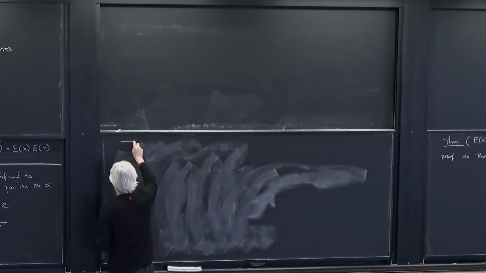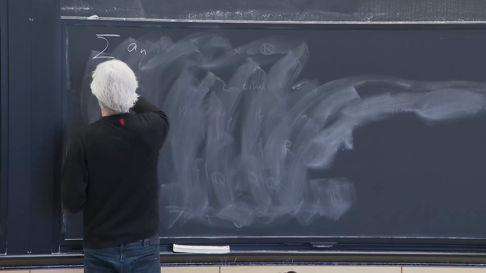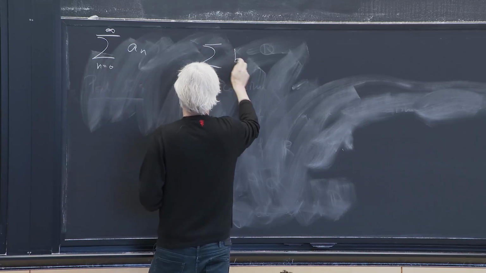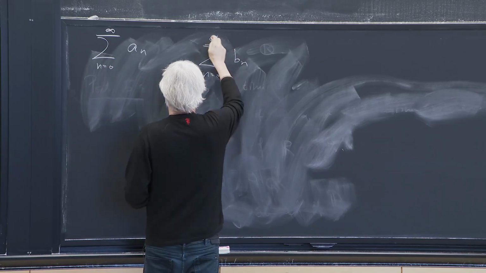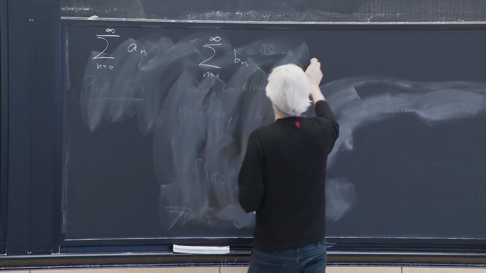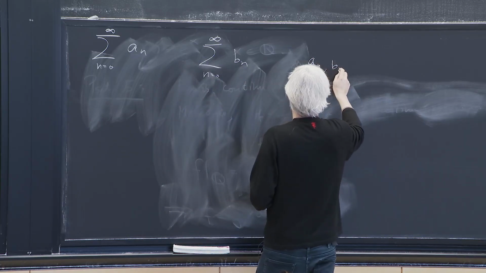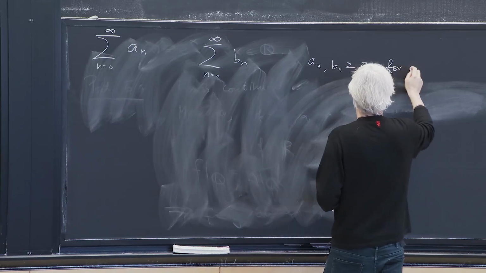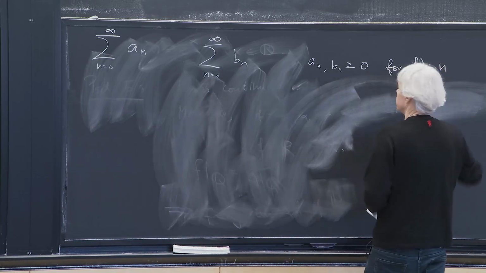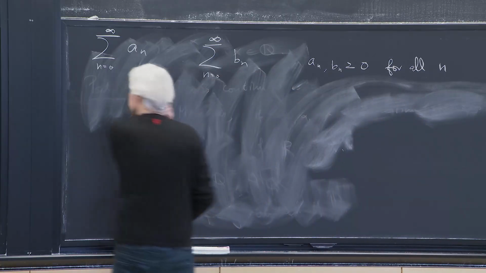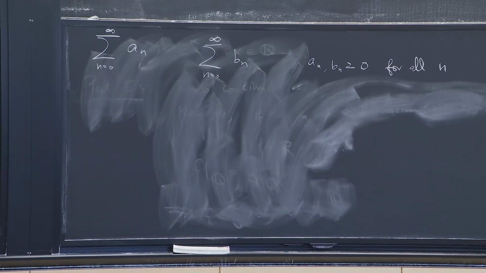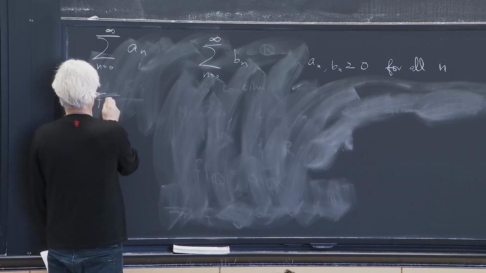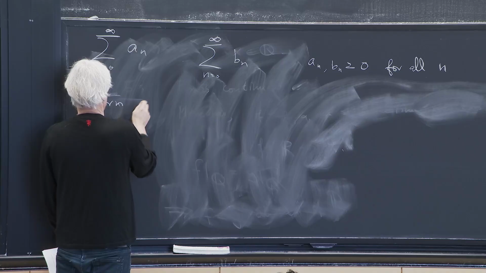I take a series a_n, and I take another series b_n. And I'm assuming that both a_n and b_n for all n are non-negative. So these are series of non-negative numbers. And then I form another series, a third series.